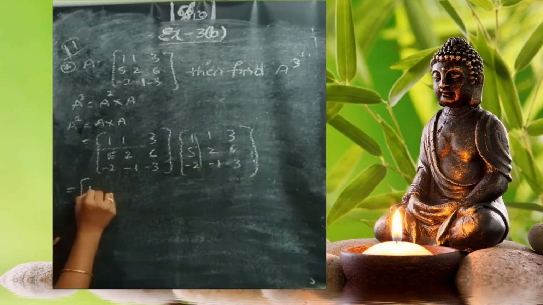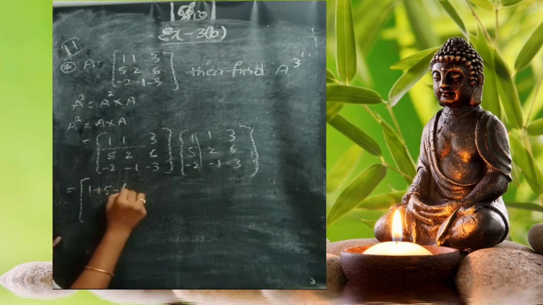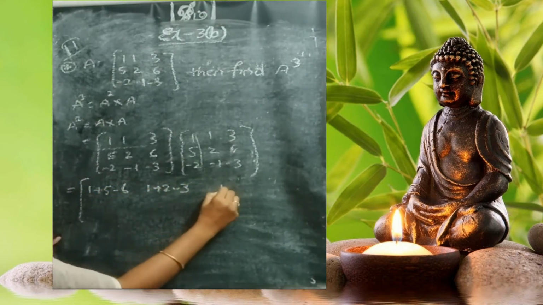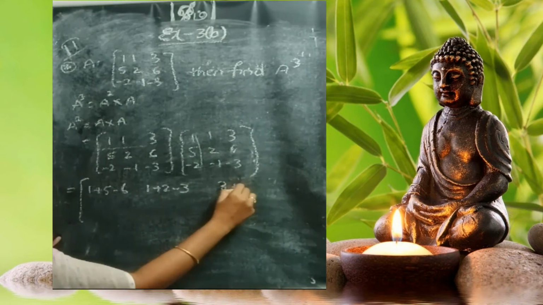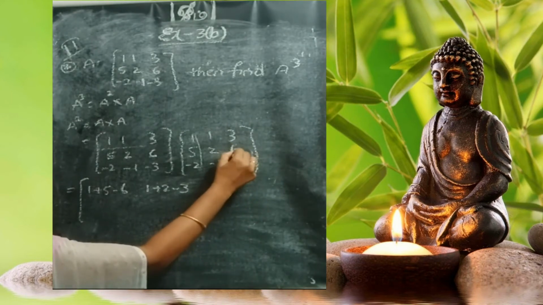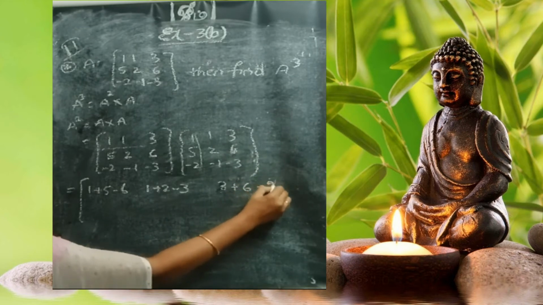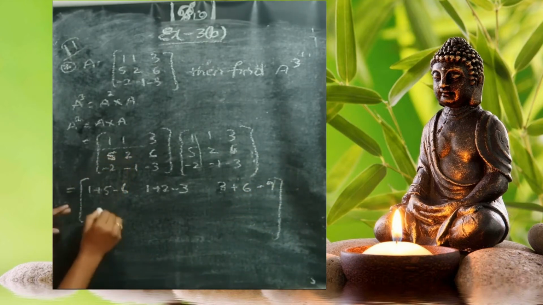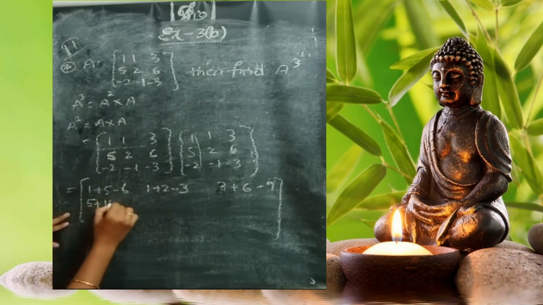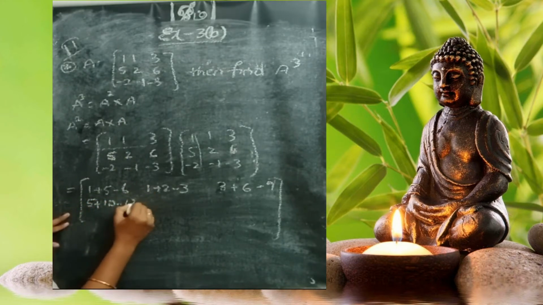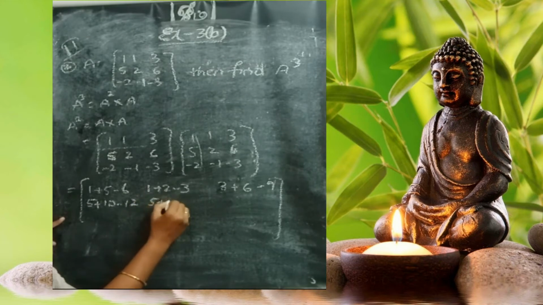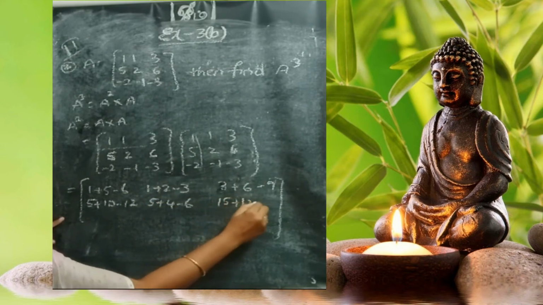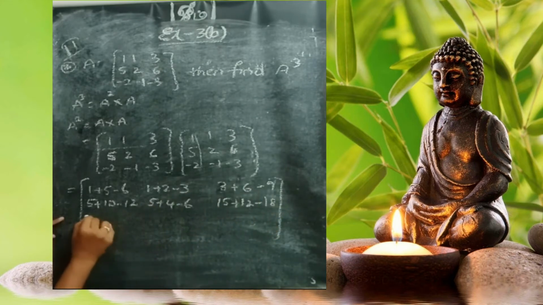So 1 plus 5 minus 6, 1 plus 2 minus 3, 3 plus 6 minus 9. Then 5 plus 10 minus 12, 5 plus 4 minus 6, 15 plus 12 minus 18.